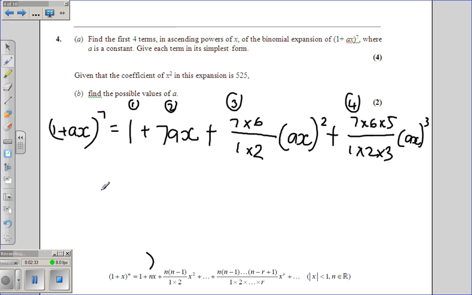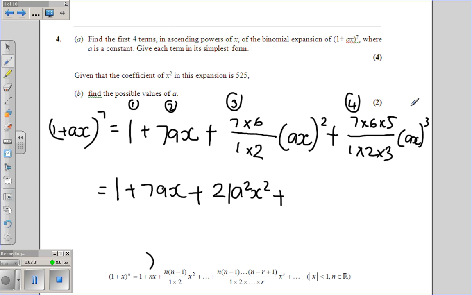Now we need to simplify it. 1, that's easy. 7ax is easy. This one here, we've got 42 on the top, divided by 2, so that's going to be 21. ax all squared, you can have a squared, x squared, like that. I'm sure you could leave it as ax all squared if you want to as well. And the next one, 7 times 6 times 5.